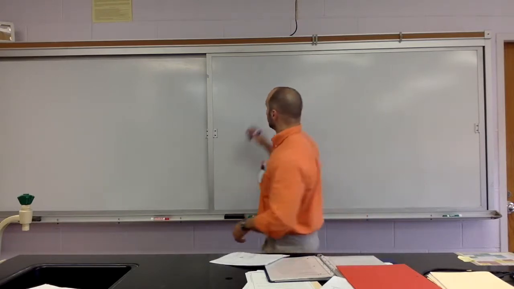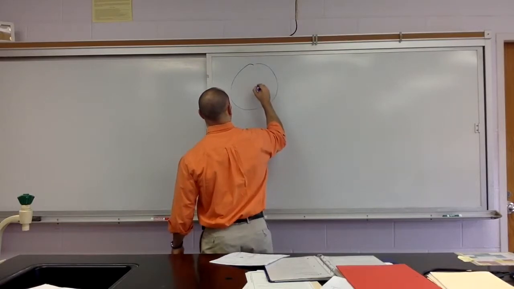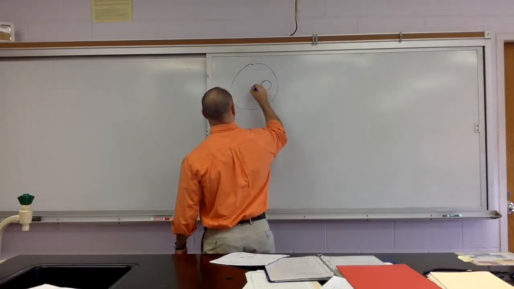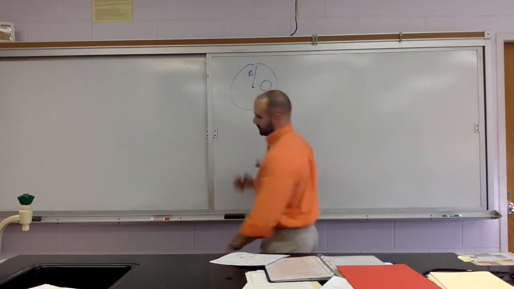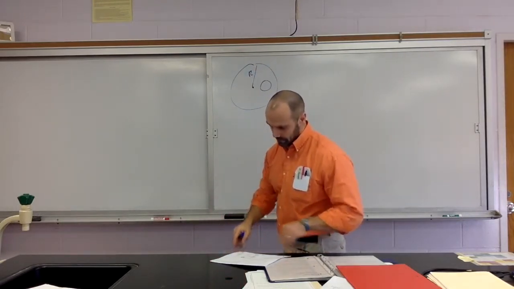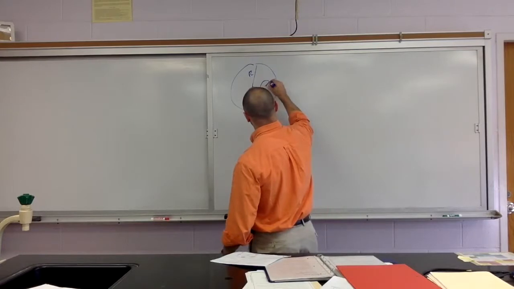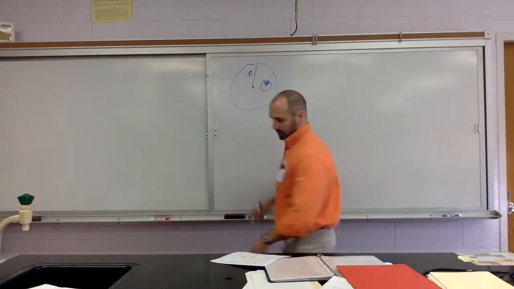Okay, in example 4, we have a circular hole in a large disk. Find the rotational inertia of the disk about an axis normal to the disk and through the center of the solid. So here it is. Looks like this. And we'll call this R. And this is R over 4.